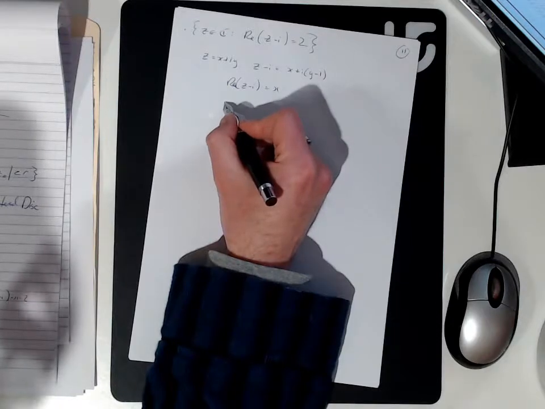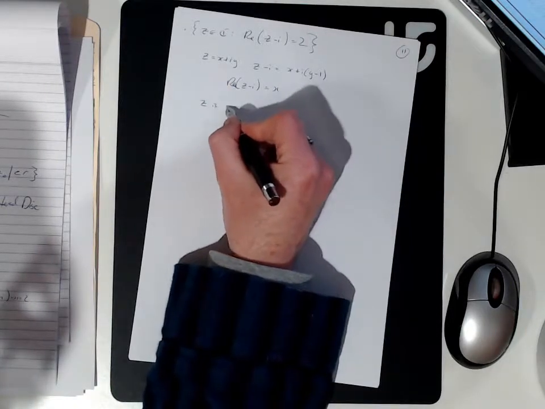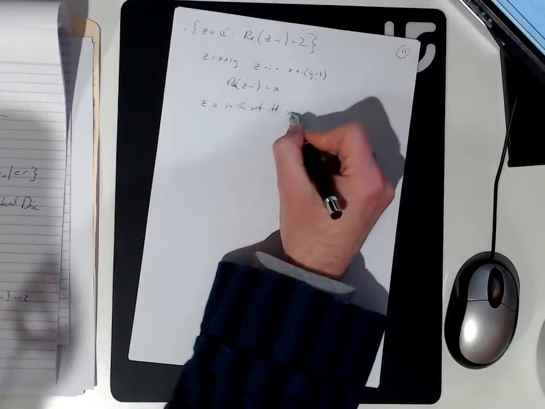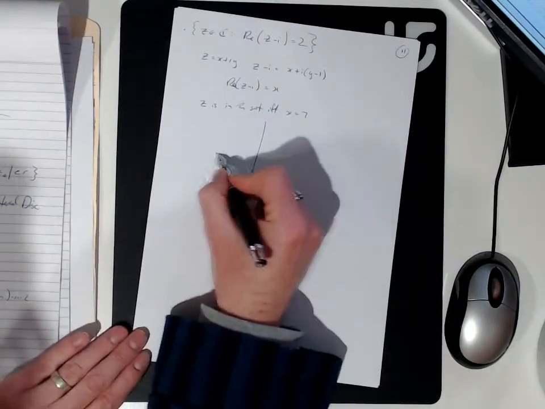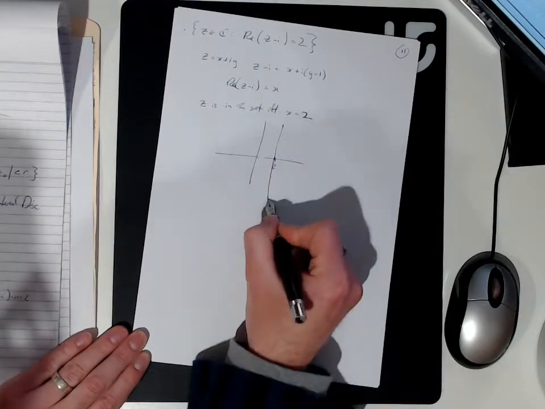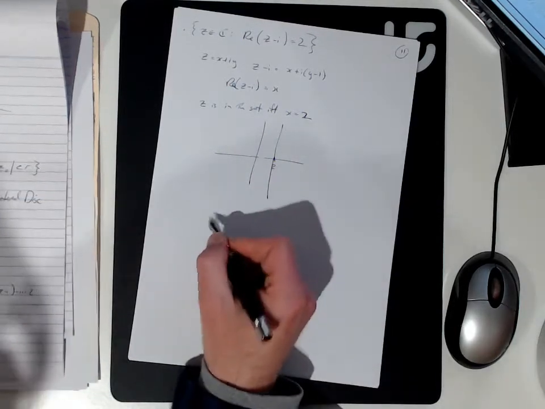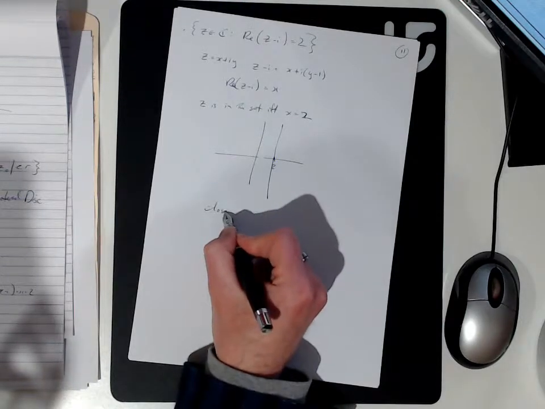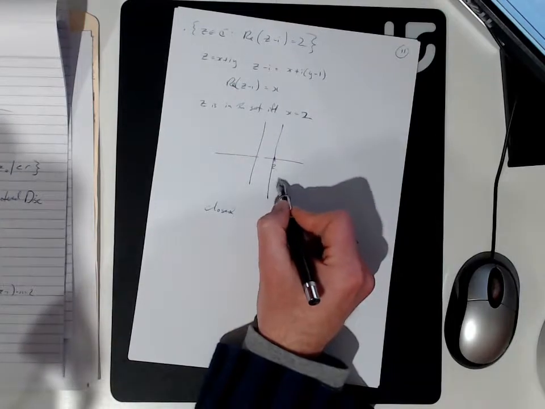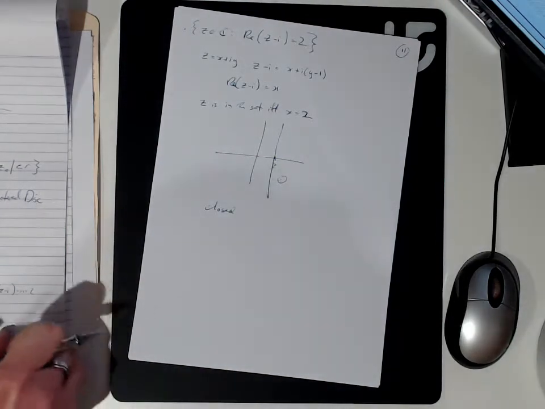So z is in the set if and only if x equals 2. There's 2. This is a straight line. This is closed because any point away from the line has a minimum distance, and you can draw a neighborhood around it.